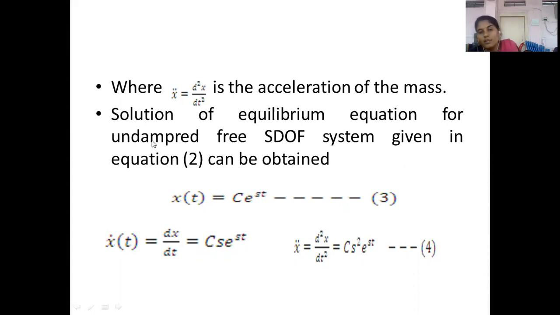Below this slide, write: x of t is equal to c into e raised to st. That is equation number 3. Below this, write down equation number 3.